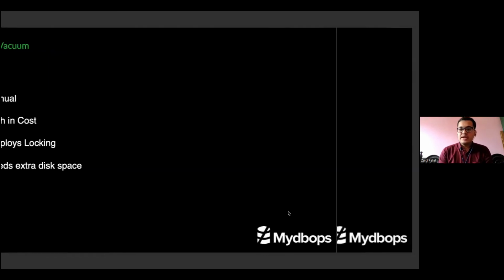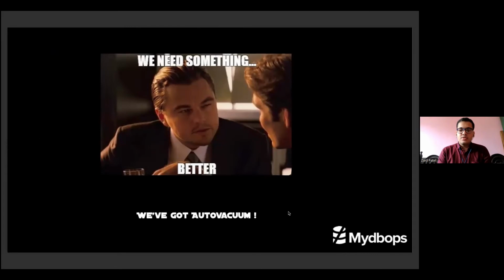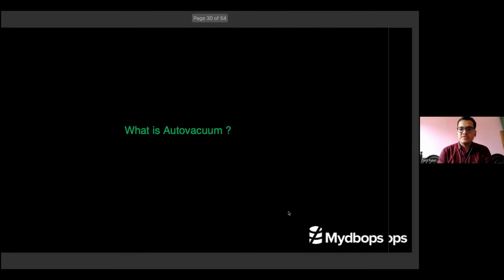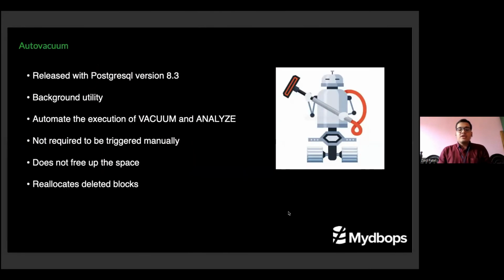So we certainly need something better, right? Because we cannot work with this. So don't worry, the Postgres community has got you covered, and now we have Autovacuum. So what is Autovacuum? It is another really important feature of Postgres, which was first released in version 8.3.